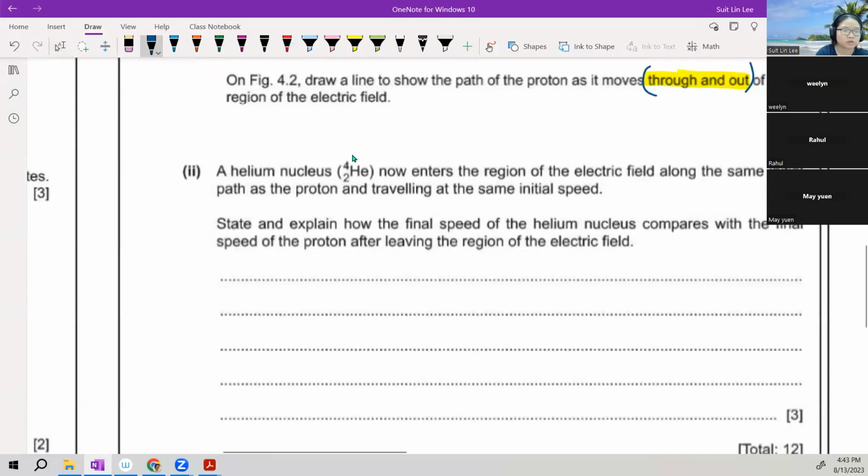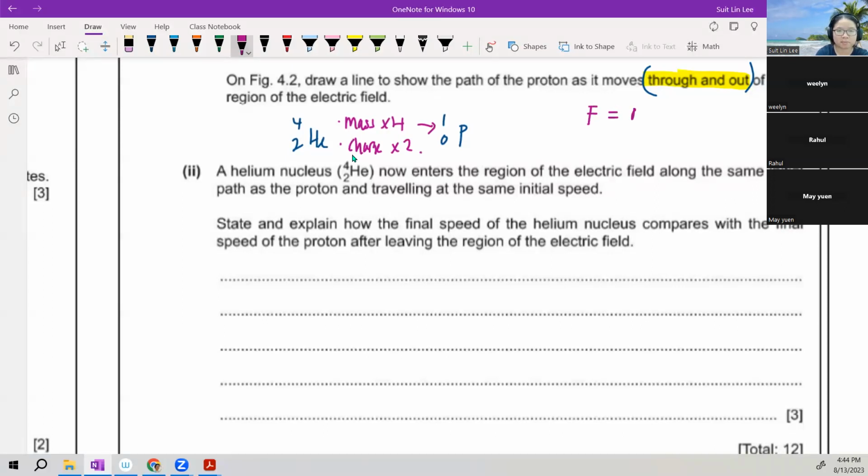All right, so let's compare helium and proton. So the mass is 4 times, and the charge is 2 times. Okay, so this means, if I think about F is equal to MA, because this is QE, F is QE, QE is equal to MA.